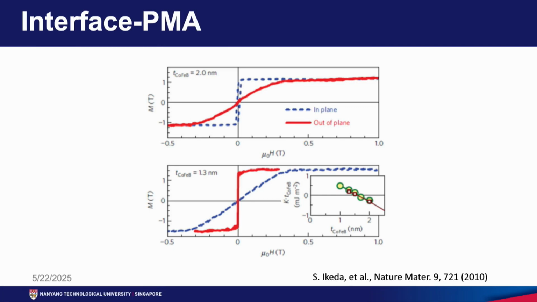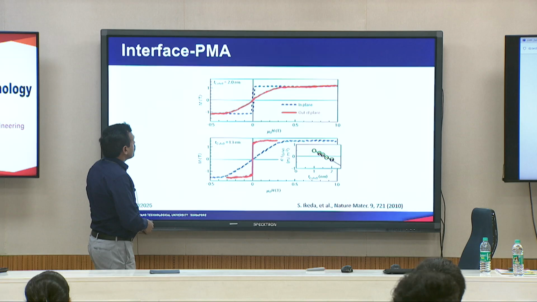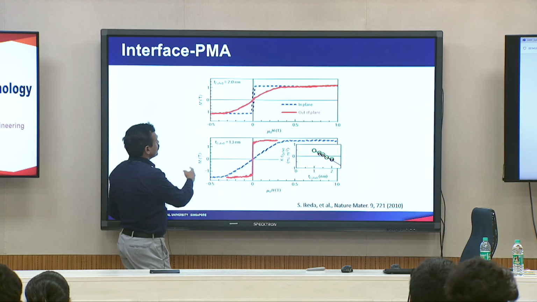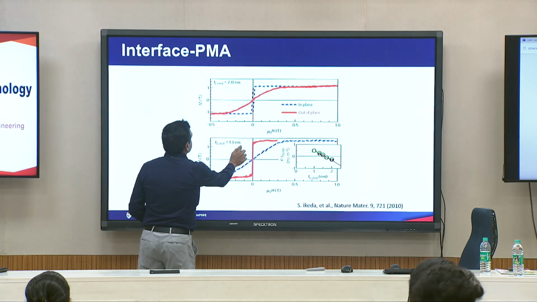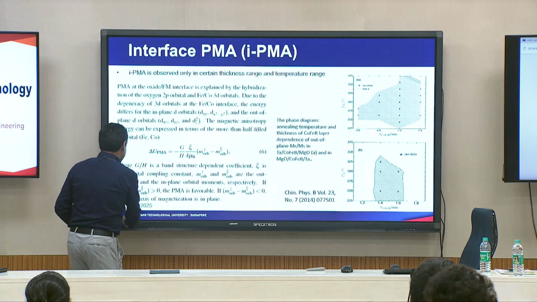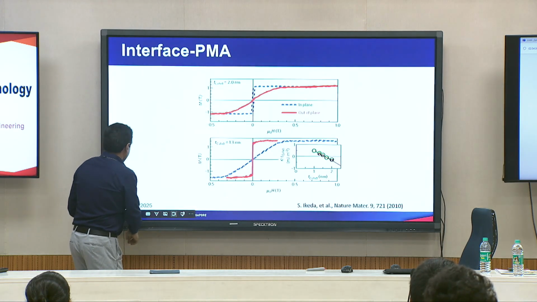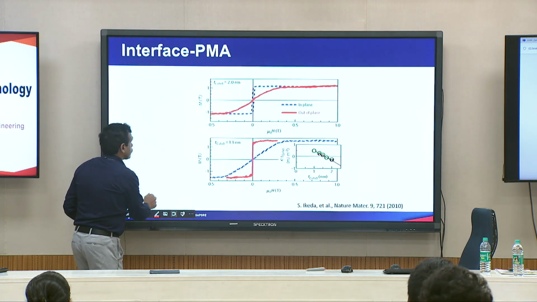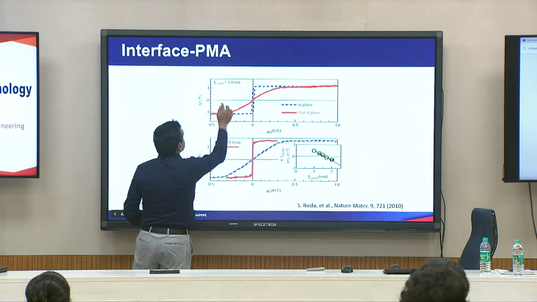Okay, now we look at the results from Tohoku University. Here they plot the hysteresis loop of the sample with the cobalt and boron thickness of 1.3 nanometer and 2 nanometer.